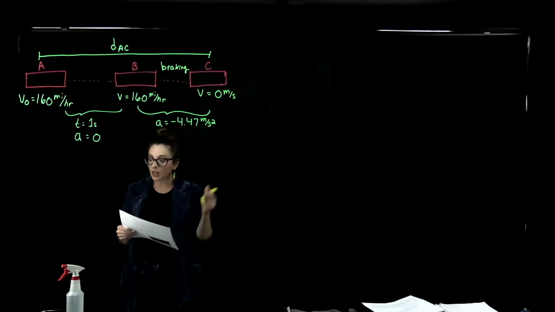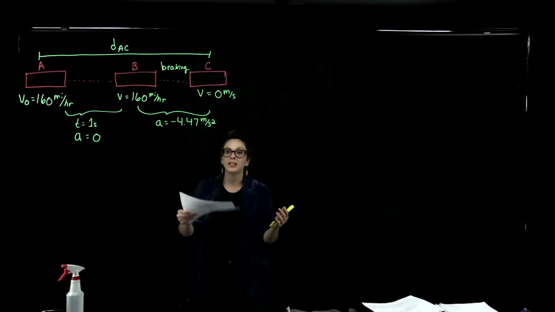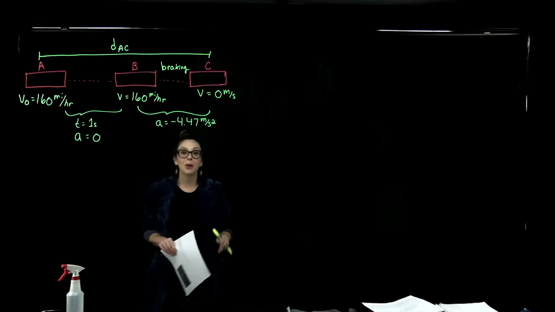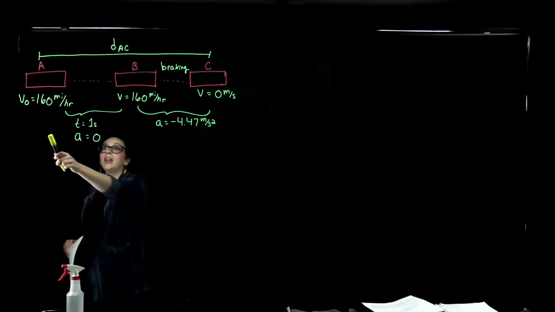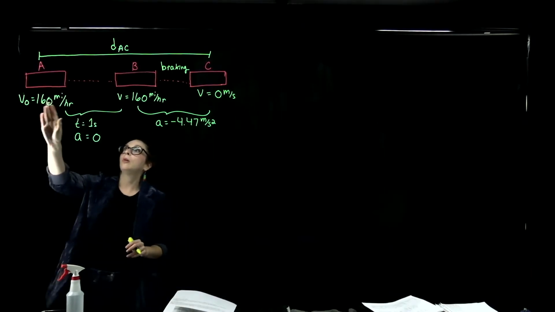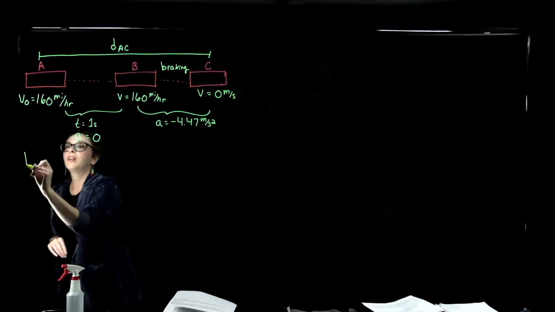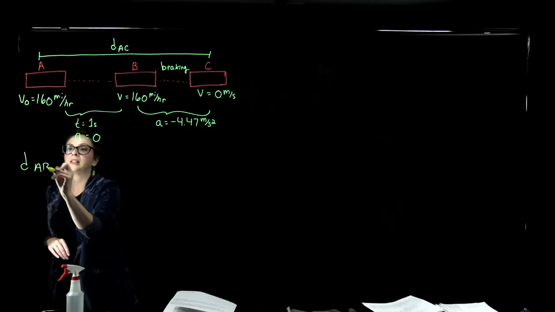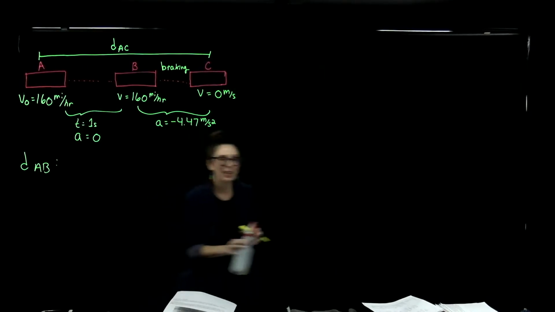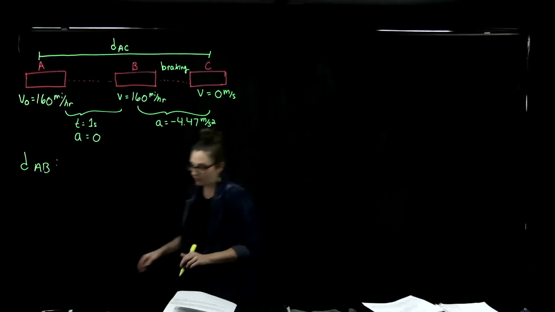Okay. All right. Now we've got to find the total displacement between points A and point C. All right. So we're going to break it up into two parts. As I said, we're going to start by working to figure out what is the total distance that we travel between points A and B first. Okay, so we're going to figure out what is our distance A to B. Now to do that, we're going to look at our equation sheet and use one of those equations off of there.